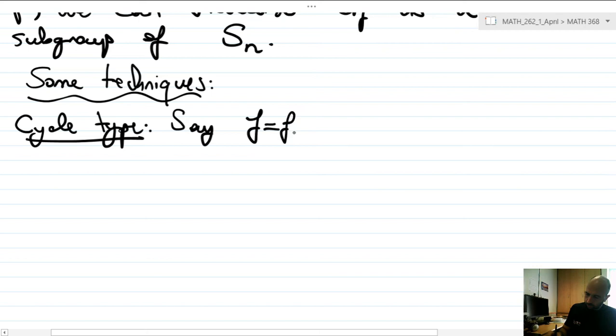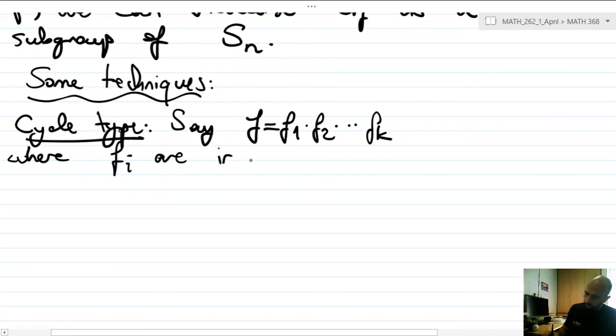One thing to look at is cycle type. Look at the irreducible decomposition of f. So say f is equal to f_1 times f_2 up to f_k, where the f_i's are irreducible. And let's specify their degrees.